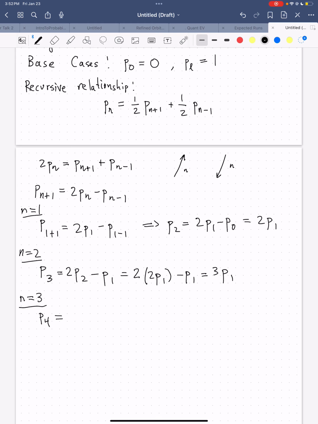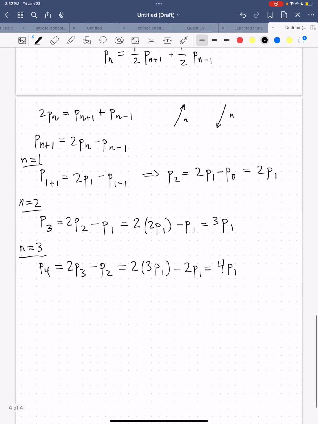P4 is 2p3 minus p2, but p3 is 3p1 and p2 is 2p1, so let's plug those in. 2 times 3p1 minus 2p1, which is 4p1. So at this point we conjecture, maybe a little strong of a word, but we guess that Pn is equal to n times P1.